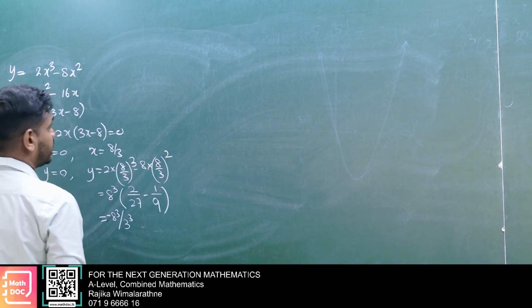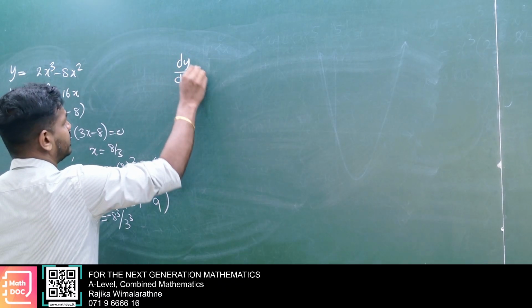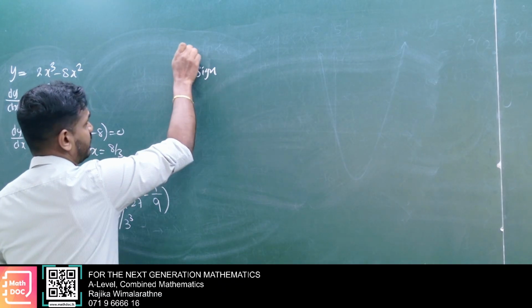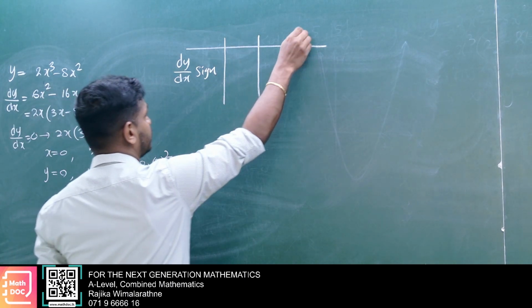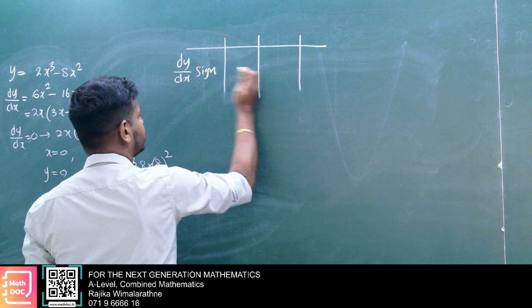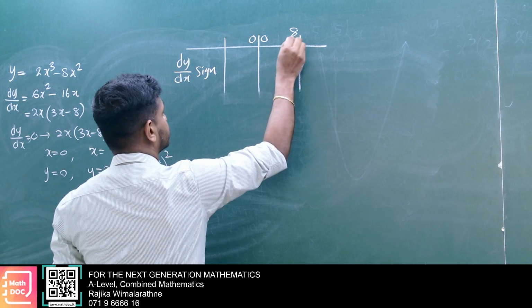Now the critical points we have identified. Then you have to check the sign of dy by dx. Two critical values, first 0, then 8/3.